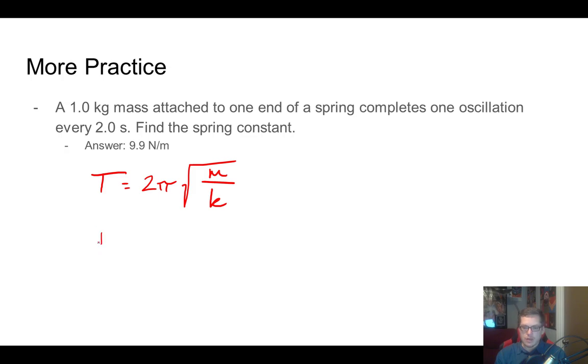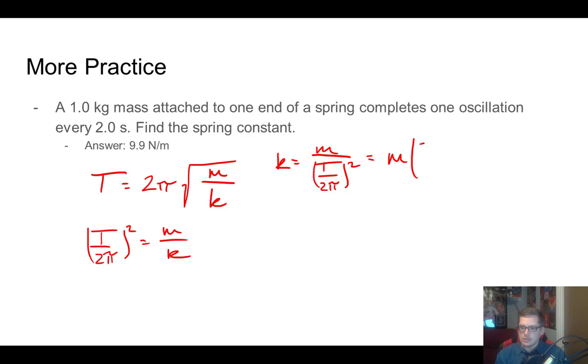T over 2 pi quantity squared is equal to mass over k. Multiply k on both sides, divide by that. So our k is going to be equal to mass over T over 2 pi quantity squared, and that's the same thing as mass times 2 pi over T quantity squared.